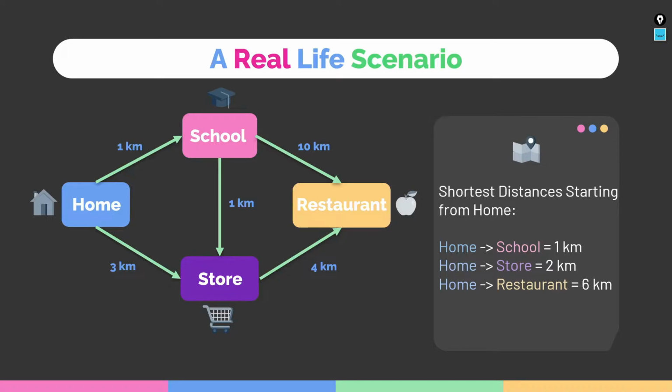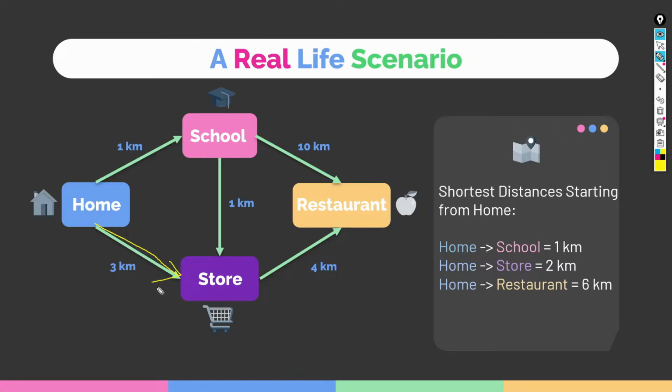So let's just see how we can go from home to school. We can go from home to school using this path. It's easy, it's only 1 kilometer and it's the easier way. But if we think about going from home to store, we think that this is the way.